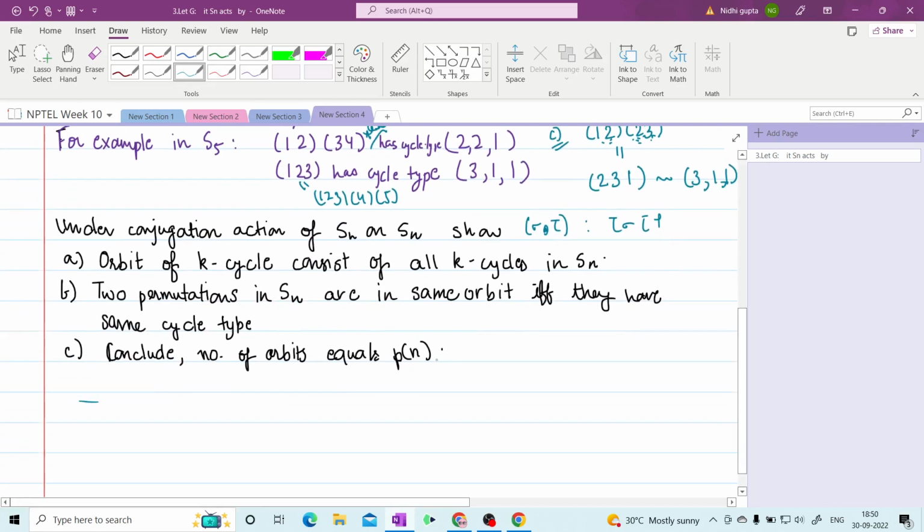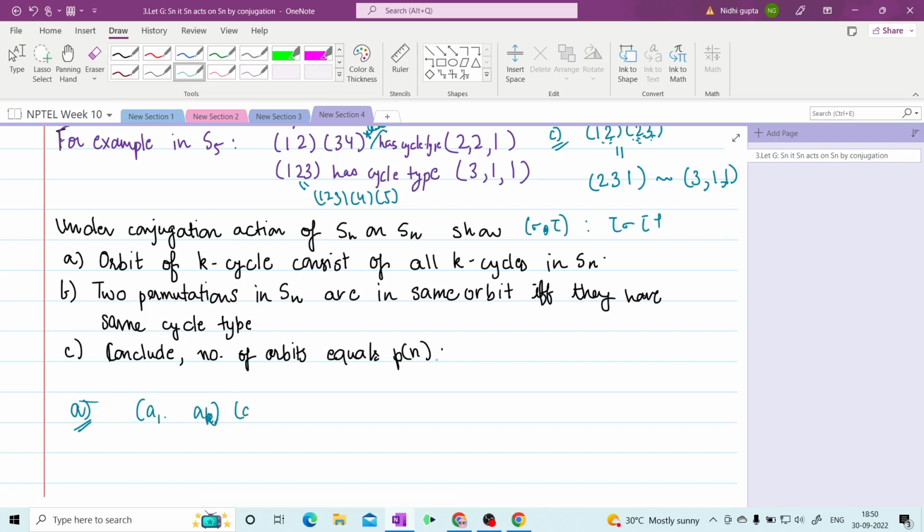Okay, so let's do this. So part A. First we start with a k-cycle. So what is a k-cycle? A k-cycle is a permutation of this type, (a1 a2 ... ak), and other elements are fixed.